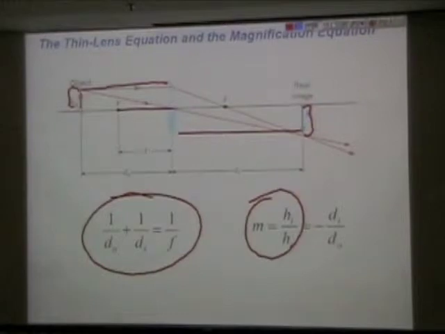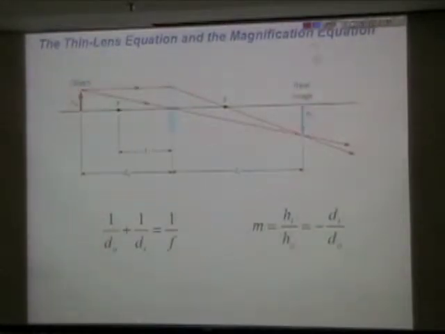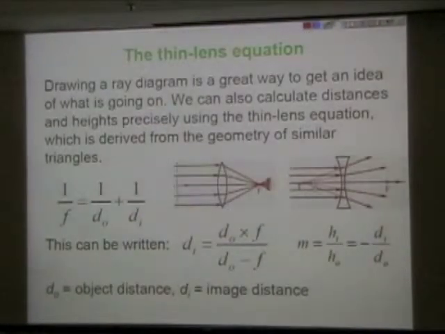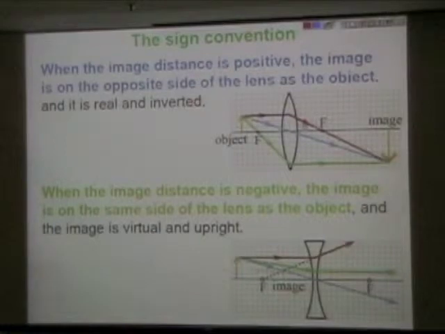But we have to agree on some conventions for distances and sizes, since we can form a virtual image or a real image. The image could be upright or inverted.